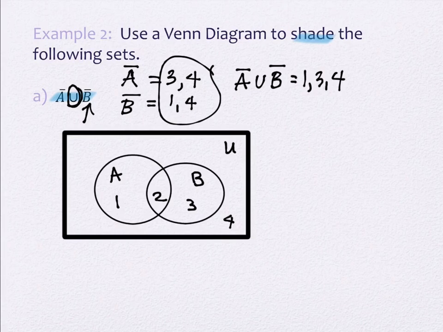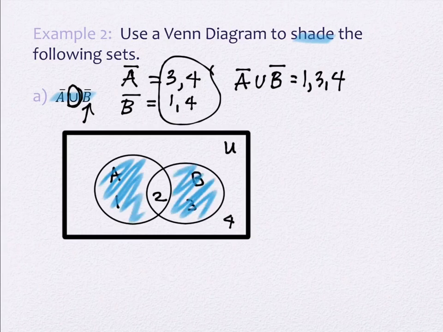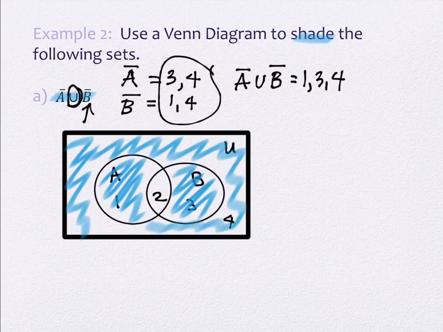So I'm going to shade 1, 3, and 4. Back in my picture, I'm going to shade region 1, region 3, and this big outer region 4. Okay? Shading the diagram to go with my numbers.